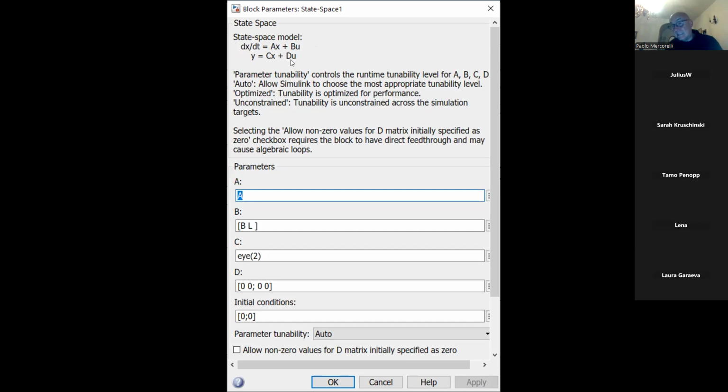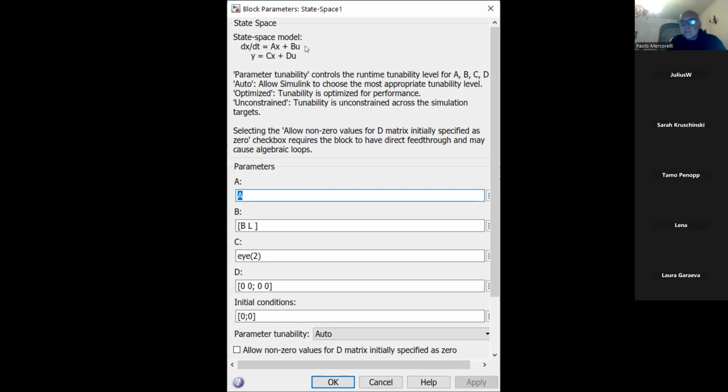This means that, in order to do the multiplication, the number of columns of D must equal the number of rows of U. And the number of rows of U equals the number of columns of B. Basically, the number of columns of B equals the number of columns of D, because U is multiplied on the right, by B and D.